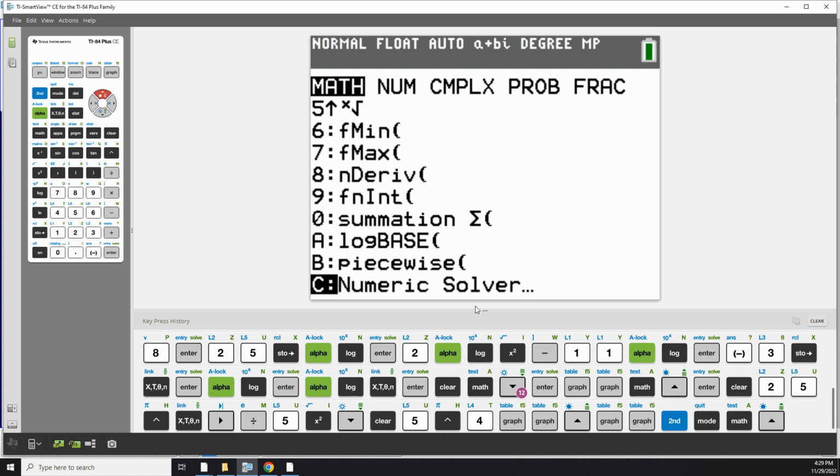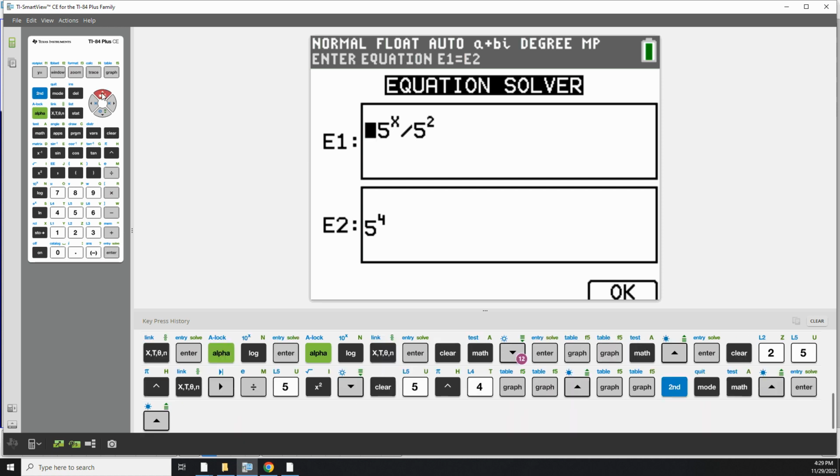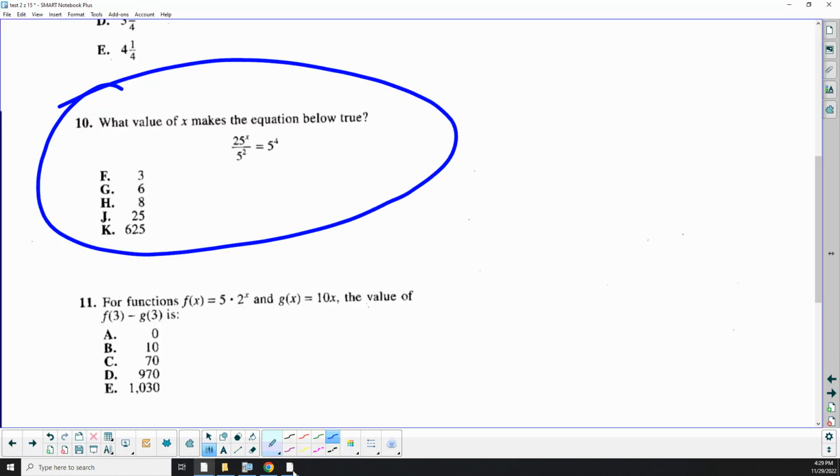And I think it says numeric solver, huh? Click it. Now it's not going to look like my screen, so you have to cursor up. Take your cursor right here and go as far up as you can. Did it? At that point, it should say 0 equals.